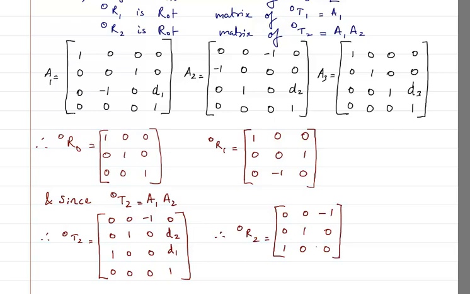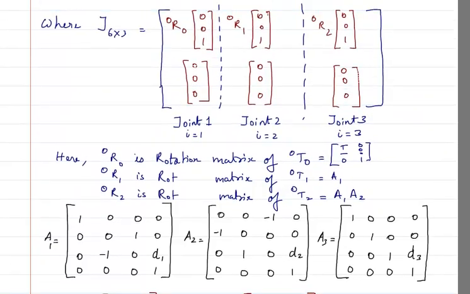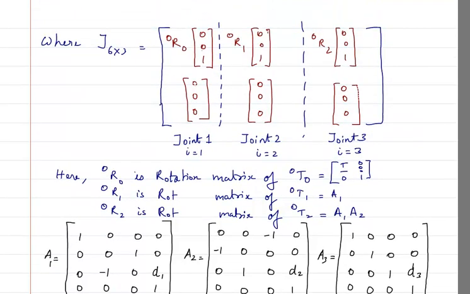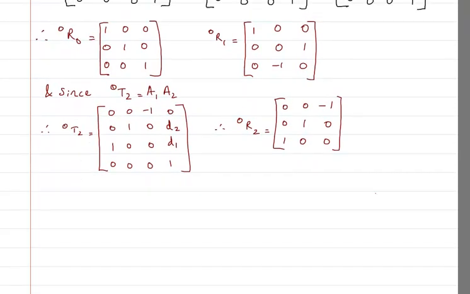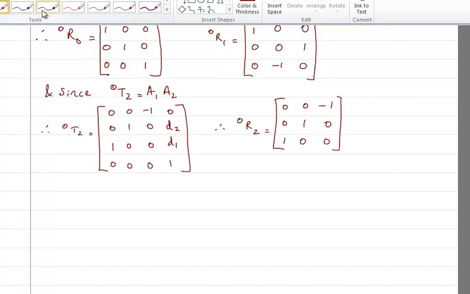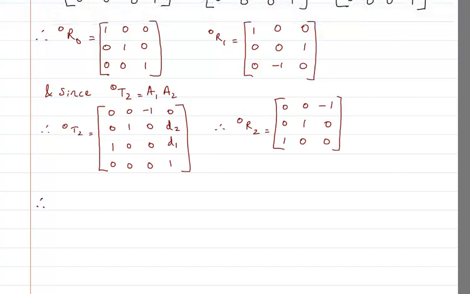Now I have to multiply with 0R0, 0, 0, 1. So I will straight away write, I have to multiply each one, isn't it? 0R0 multiplied with 0, 0, 1.